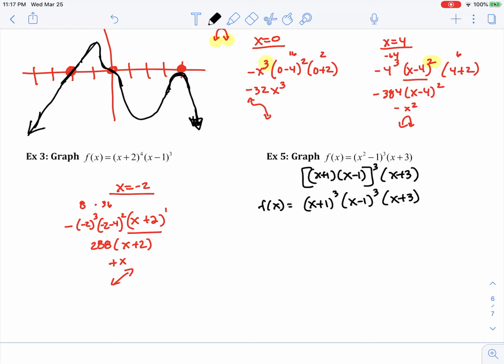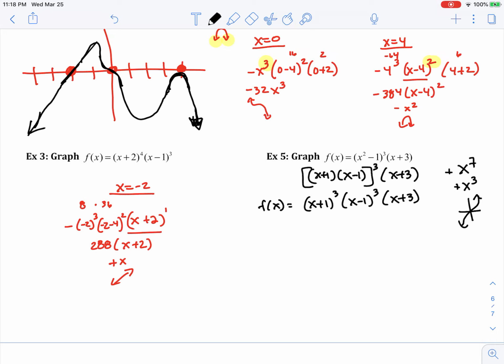We first want to figure out what is the overall degree of that polynomial, and if we were to multiply out the entire thing, well, we would have an x cubed times another x cubed times an x to the first. So our overall degree, the overall power, would be an x to the 7th, and our leading coefficient is positive, or we have a positive x odd, and a positive x odd is going to look like a positive x cubed graph, which we know a positive x cubed graph is looking something like that.